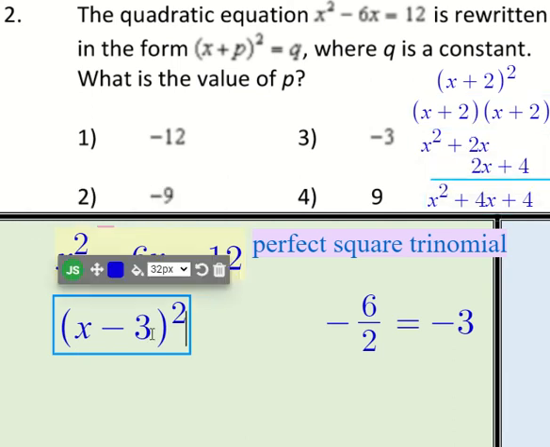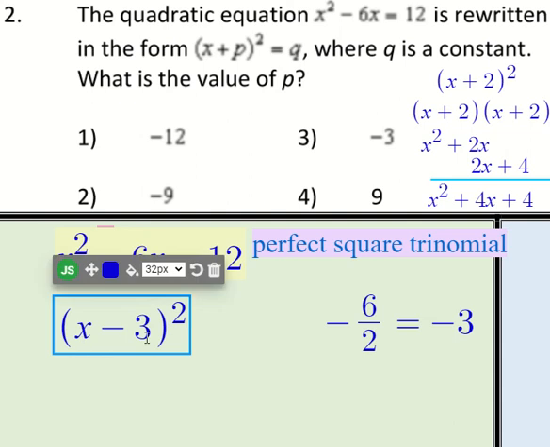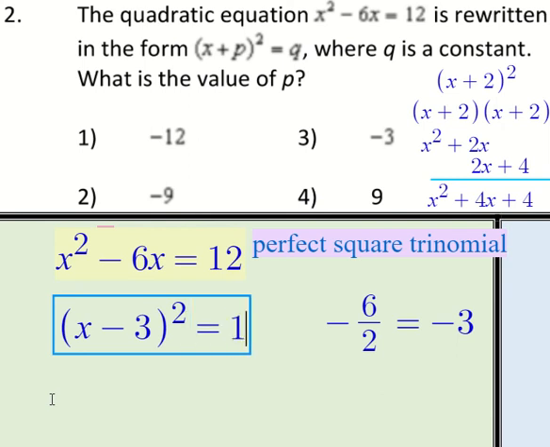If we write this twice, we're going to multiply 3 times 3 and get 9. So if I replace x squared minus 6x with (x minus 3) squared, what I'm really doing is adding 9 to this side of the equation. So equals 12. To be mathematically correct, I have to add 9 over there as well.